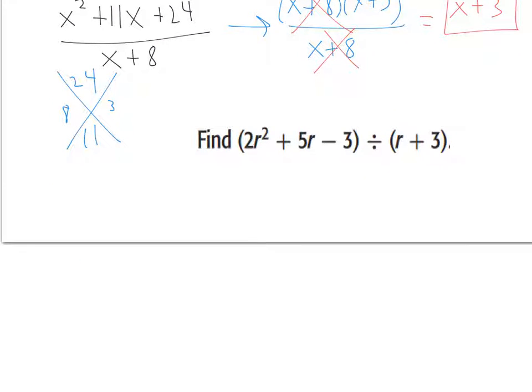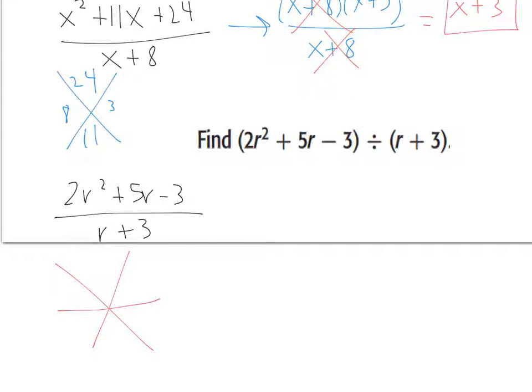Let's look at the second example. So 2r squared plus 5r minus 3 divided by r plus 3. So again, I could rewrite this as 2r squared plus 5r minus 3 divided by r plus 3, and I'm going to use the snowflake method and say factors of negative 6 that, when added together, give me 5 would be 6 and negative 1.